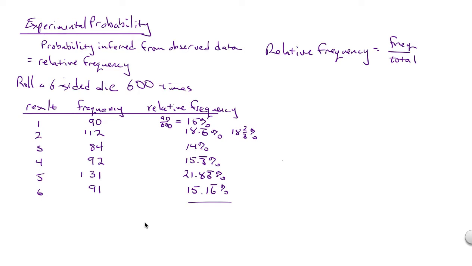Now that we have relative frequencies, we can express a probability, an experimental probability, that is telling us what fraction we would expect to get for each of these results. So you can use this data here to predict what you might get in the future.